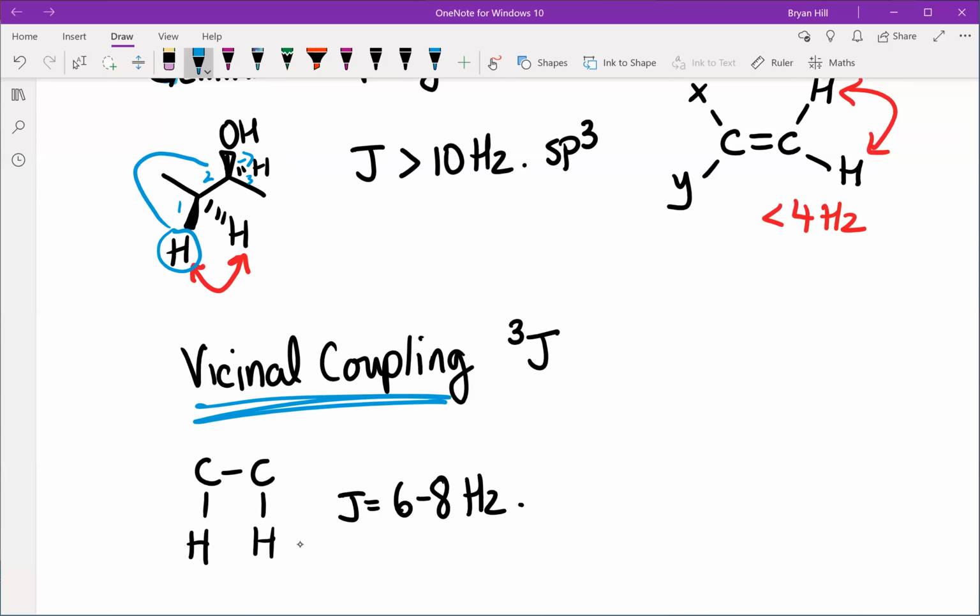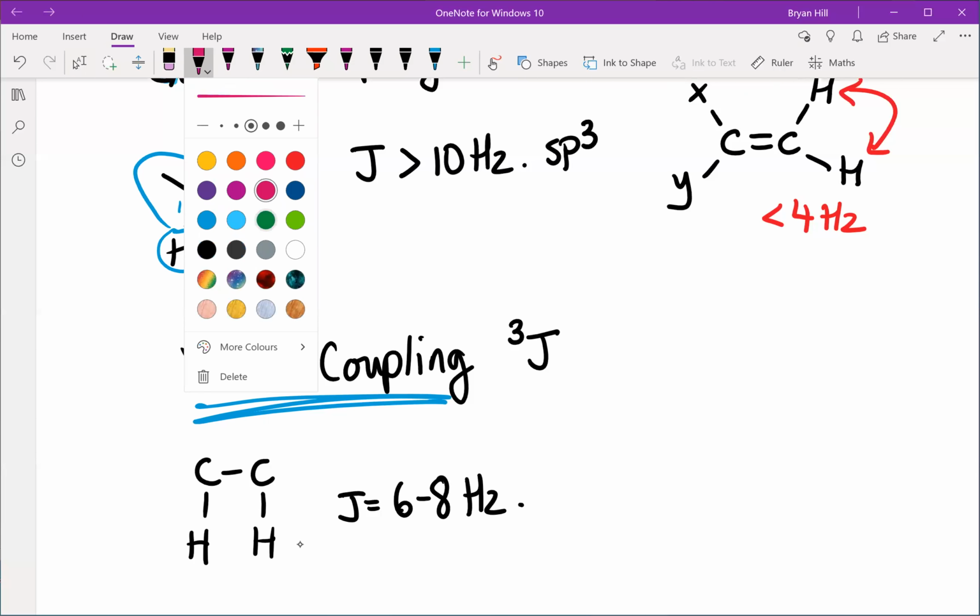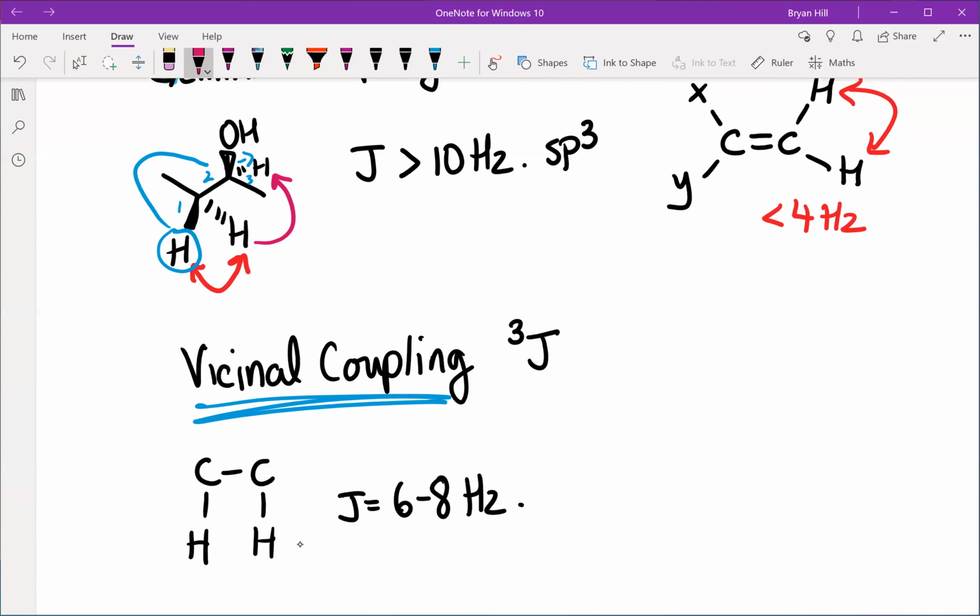This proton here would also couple with that, and that would be a 3 bond vicinal coupling as well. So this little 2-butanol could have quite a complex NMR, just because these protons are diastereotopic and they would couple with this proton plus the ones over here, which is going to complicate things even more.